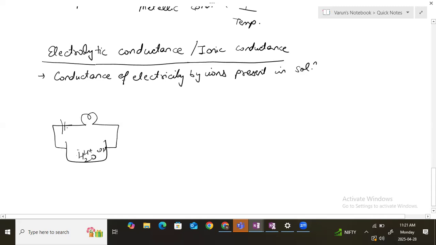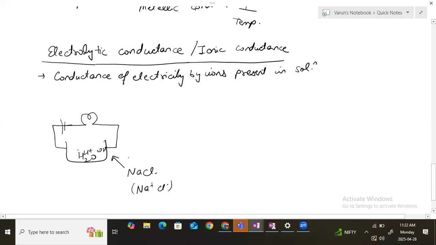Correct? Because the current in this case is conducted due to the presence of these ions. If I place a salt in it, that is NaCl, NaCl also has ions, that is Na positive and Cl minus.